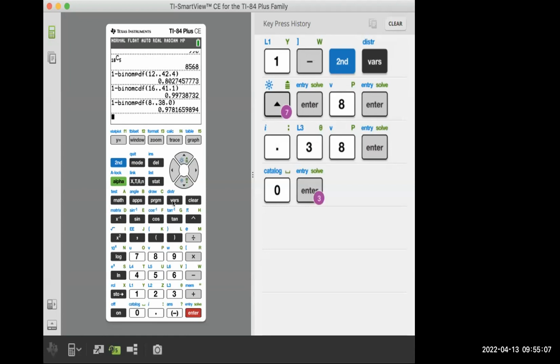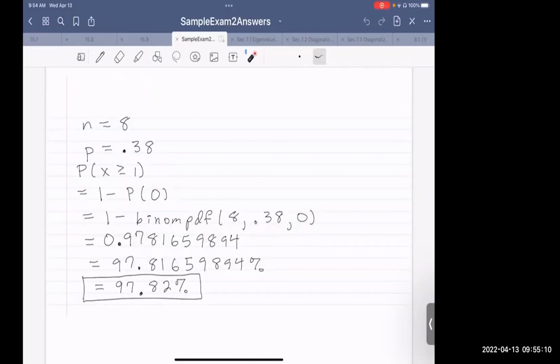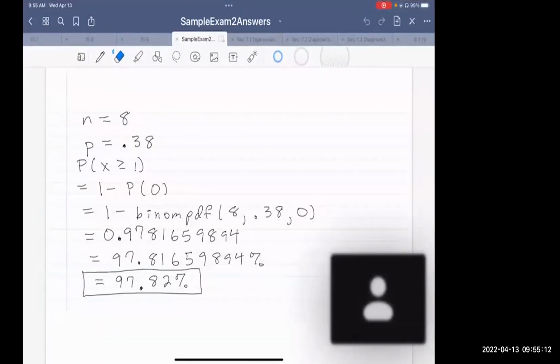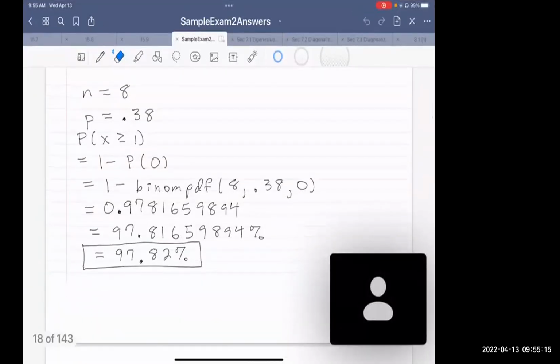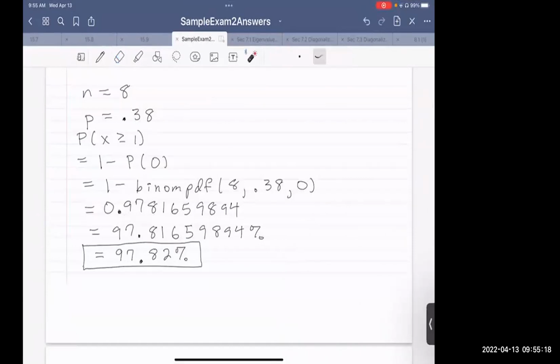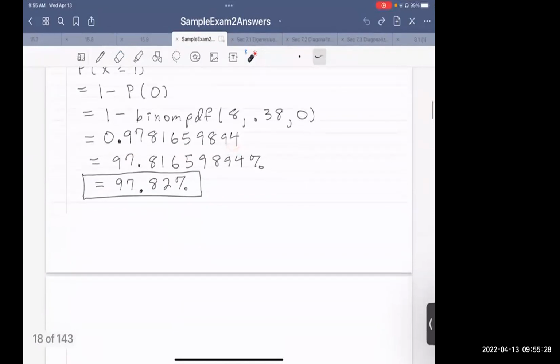Let me write that number down. And so moving my decimal place 2 places to the right, I have 97.81659894%. Rounding to the nearest hundredth of a percent, I have 97.82%.